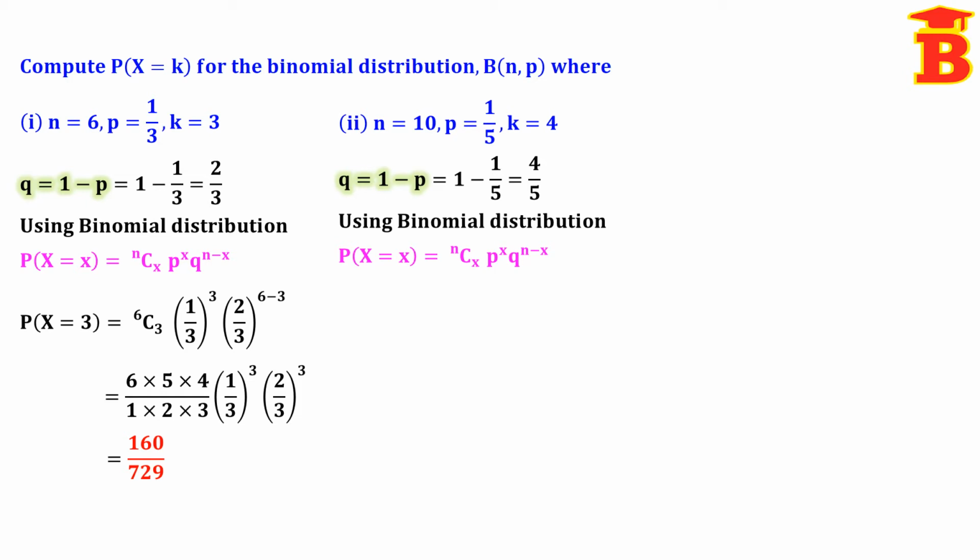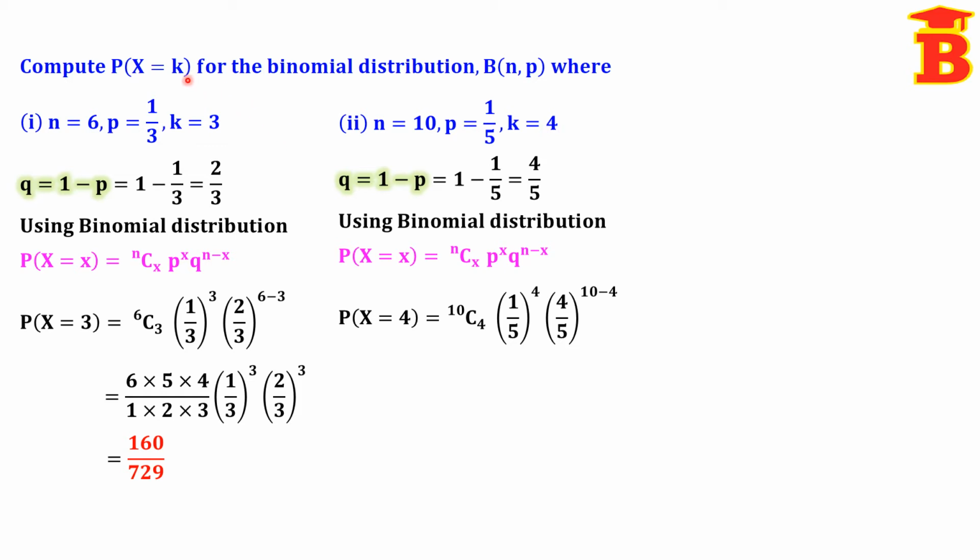So here we have to find P(X = 4). Here small x value is 4. In the problem it is given compute P(X = k), and the k value given is 4, so that only we substitute here.